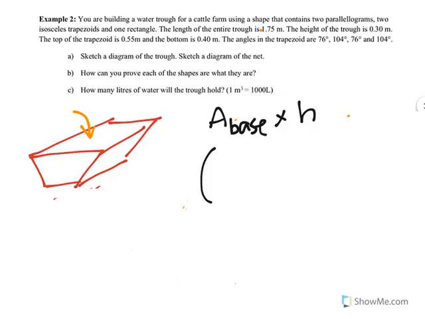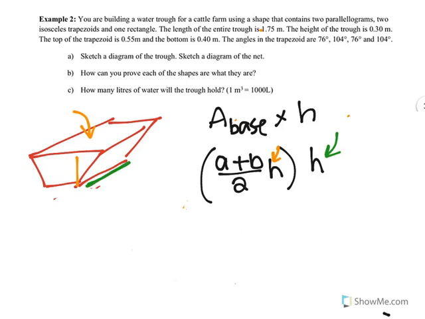Mine doesn't show it for some reason, but it's a plus b divided by 2 times the height, and then times the height of the trough. So this height here is representing the height of the trapezoid, whereas this height here is representing the height of the whole trough. So we actually think about it like it's sitting on its side, not how it would actually sit.